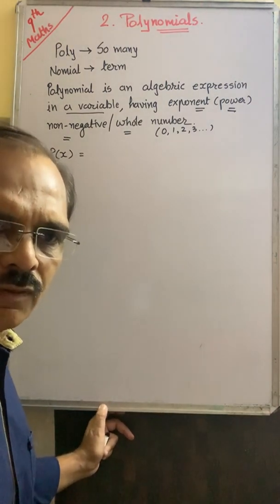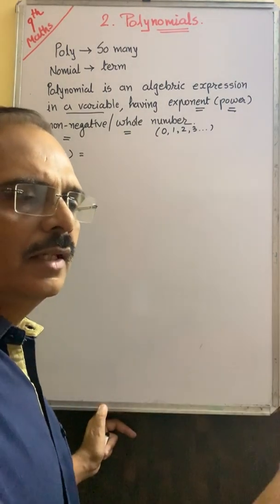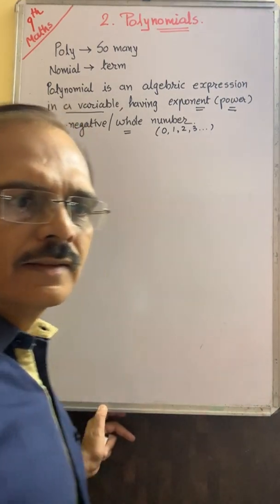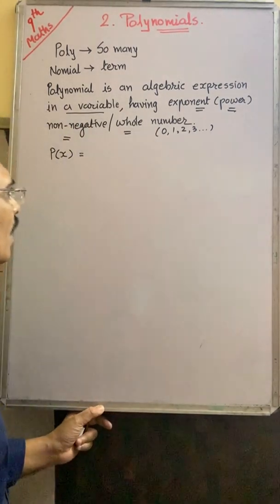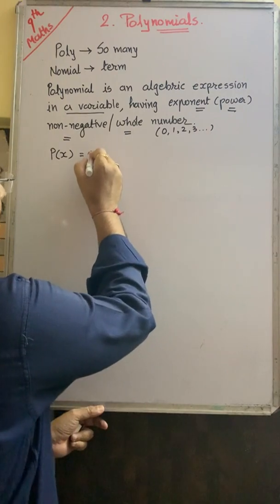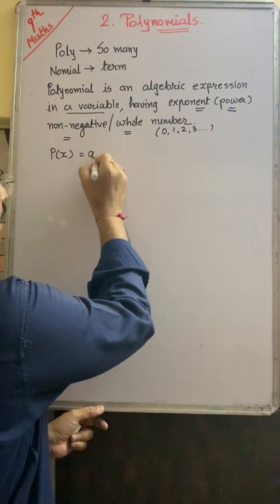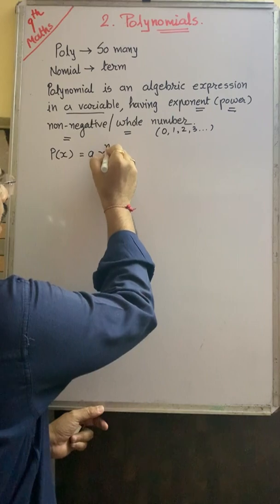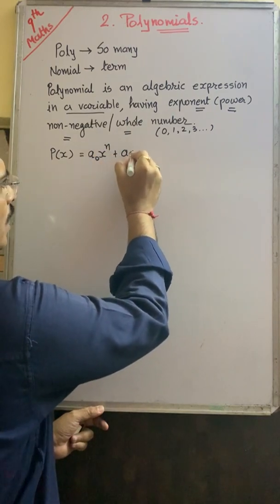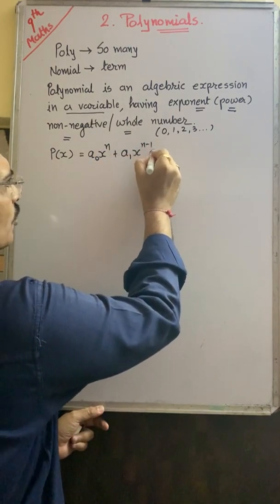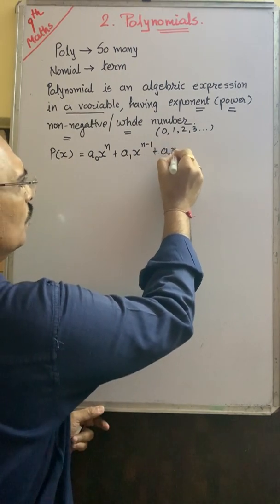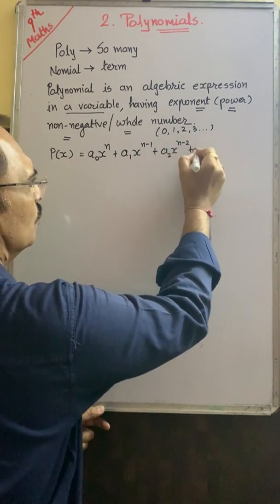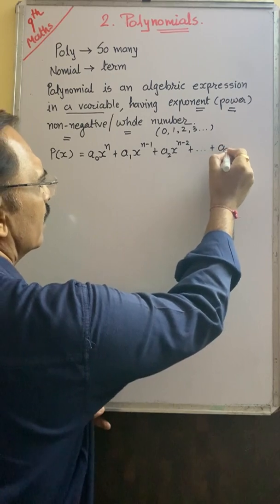So we write first the highest power and then gradually in succeeding descending order. See, p of x, I write a0 x raised to n, a1 x raised to n minus 1, a2 x raised to n minus 2 and up to an.